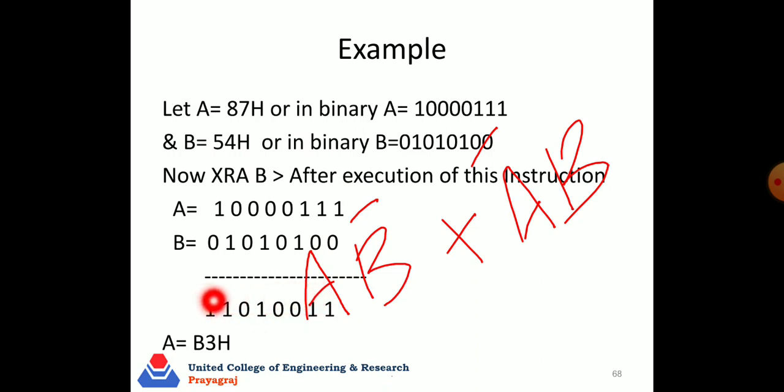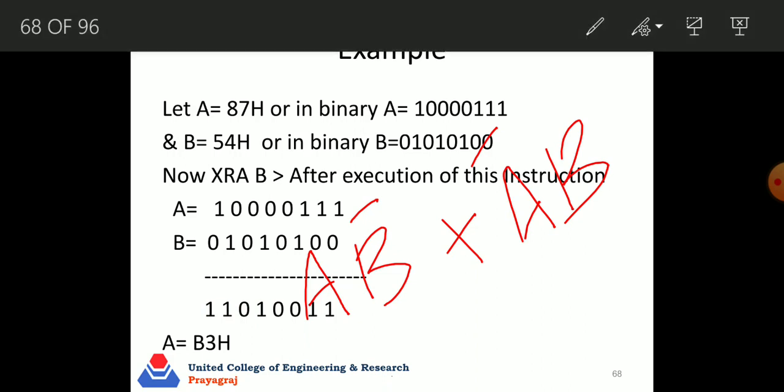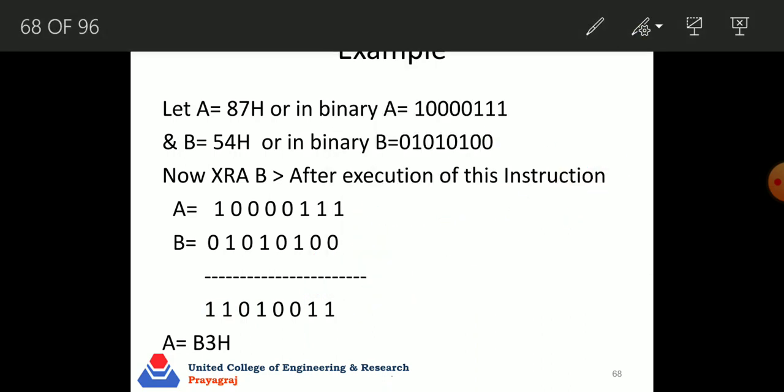So 8 plus 4 is 12, plus 1 is 13. 13 means D3, not B3. It should be D3.